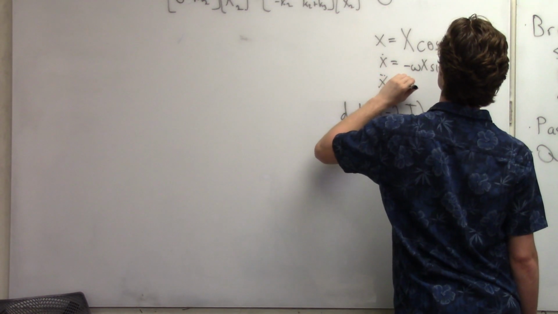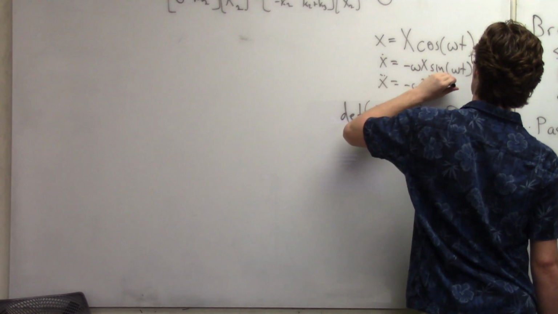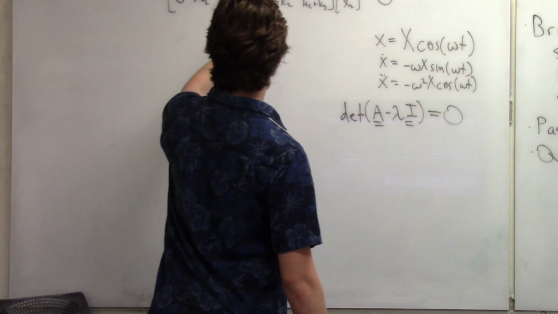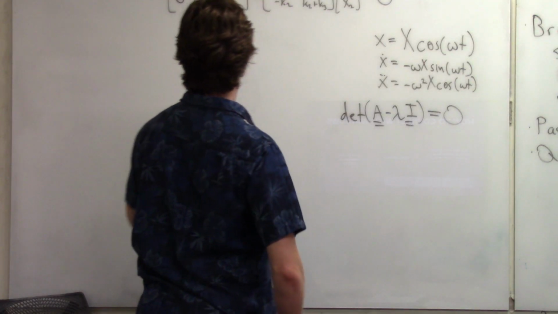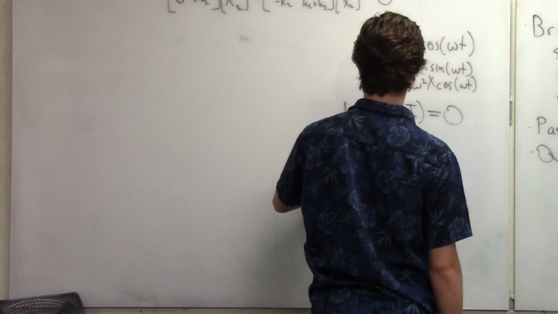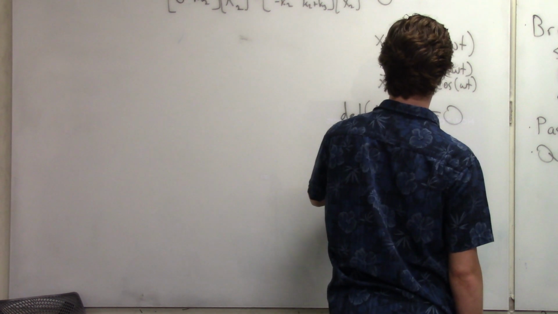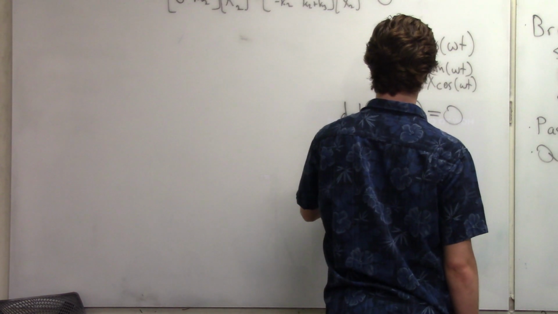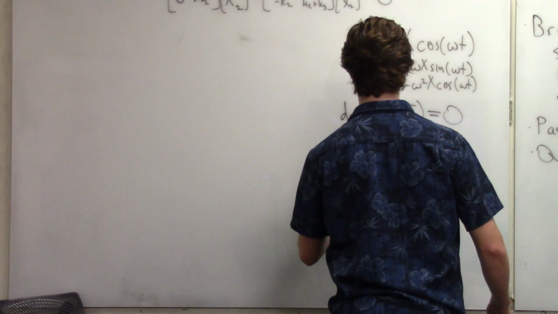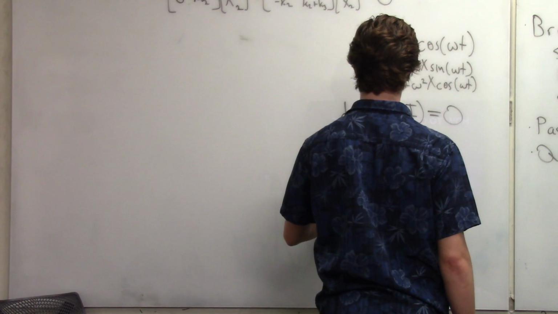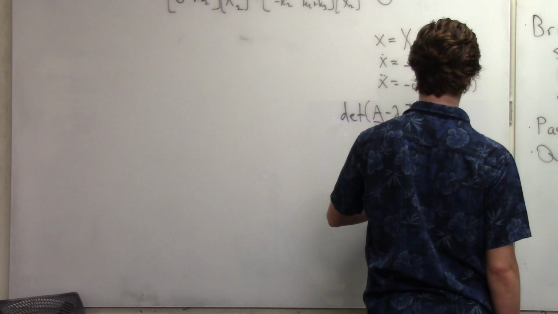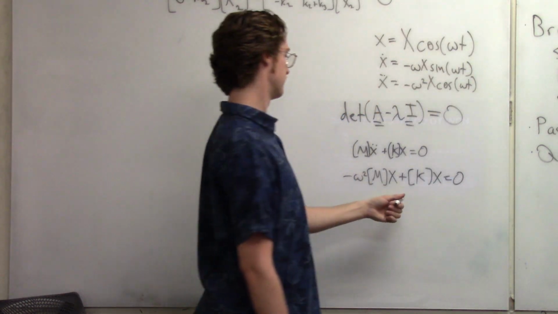Differentiate this twice, we're going to get negative omega squared X cosine of omega t. If we plug these into this equation right here, we're going to get negative omega squared m X plus k X equals 0, like so.